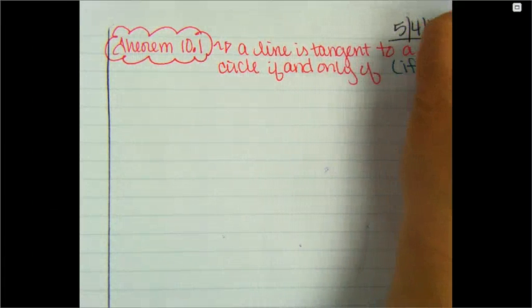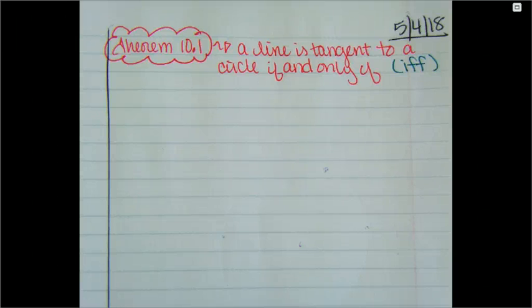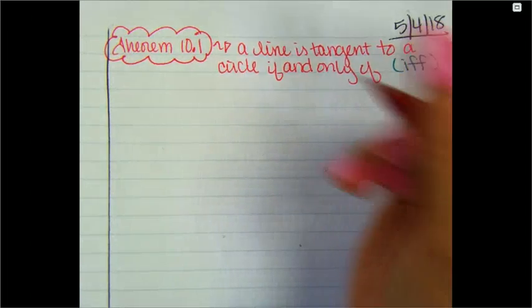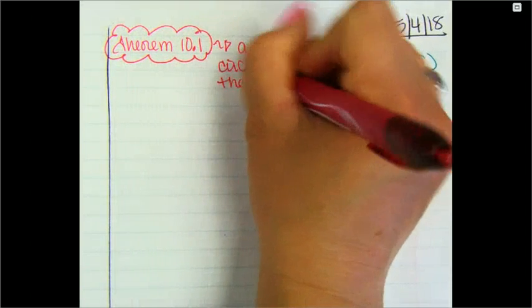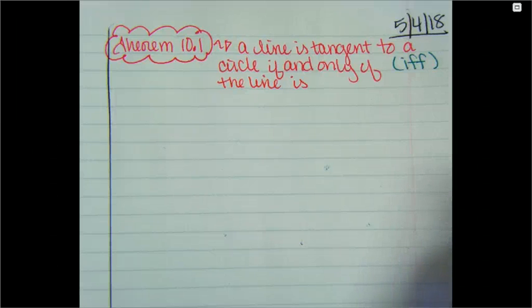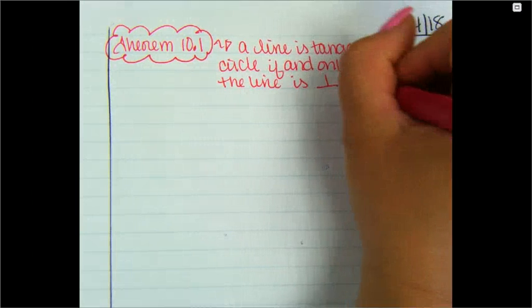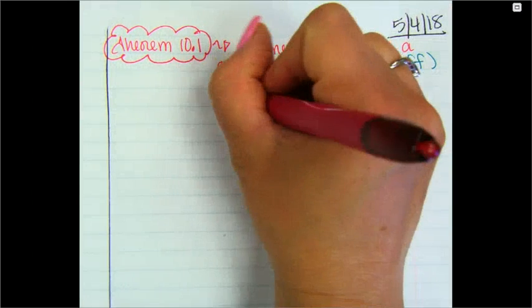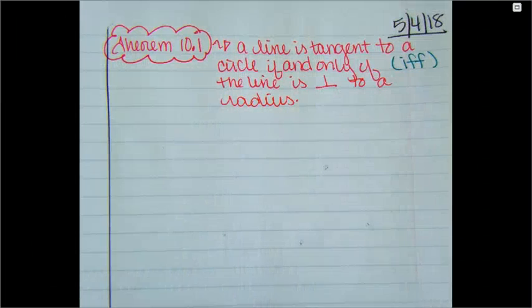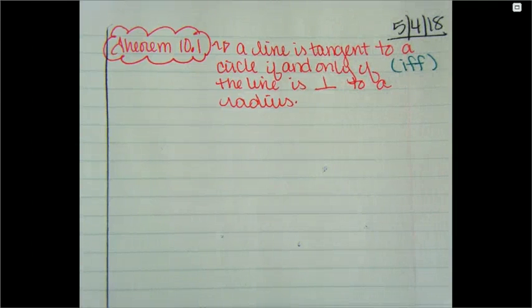The abbreviation for if and only if is IFF. Okay? If and only if the line is perpendicular. How do we write the symbol for perpendicular? Upside down T. To a radius. So a line is tangent to a circle if and only if the line is perpendicular to a radius.